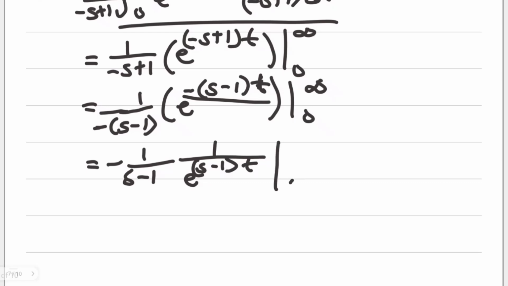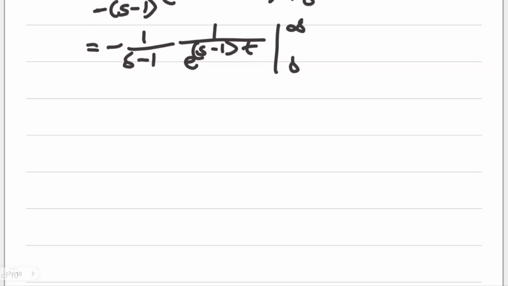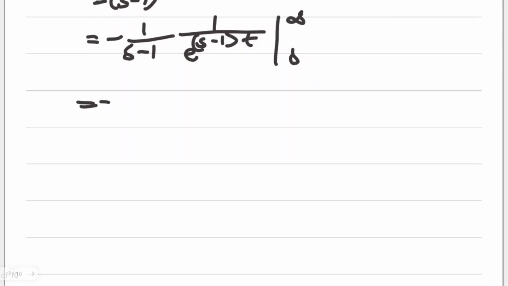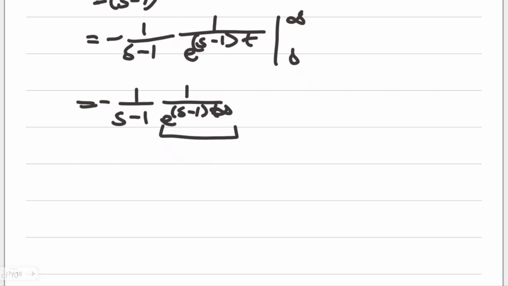From 0 to infinity. Now let's break it into two portions. The first one is negative 1 over s minus 1 times 1 over e to the power of s minus 1 t, as t approaches infinity.